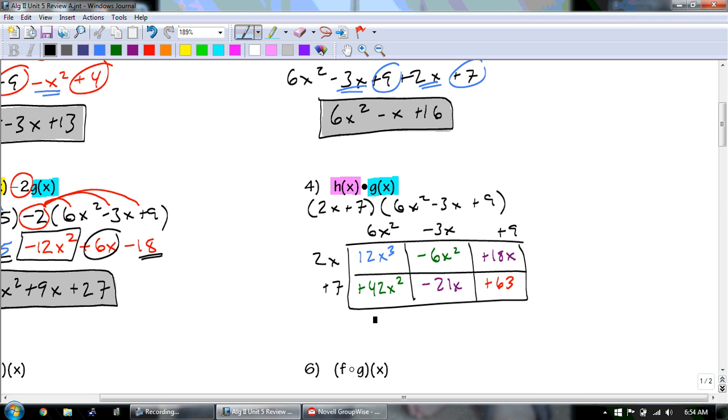And then after we combine everything, we get 12x cubed. 42 minus 6 is a positive 36x squared. Negative 21 plus 18 is a negative 3x plus 63. Remember, the nice thing about box method is it keeps us very organized.